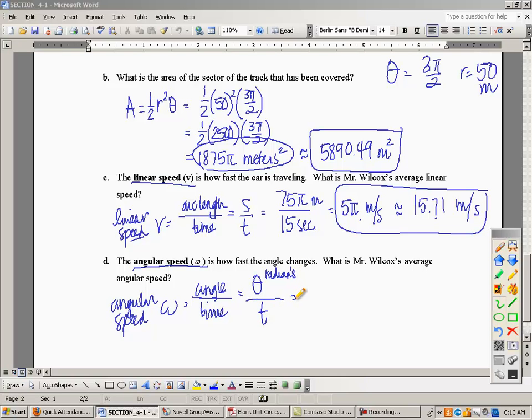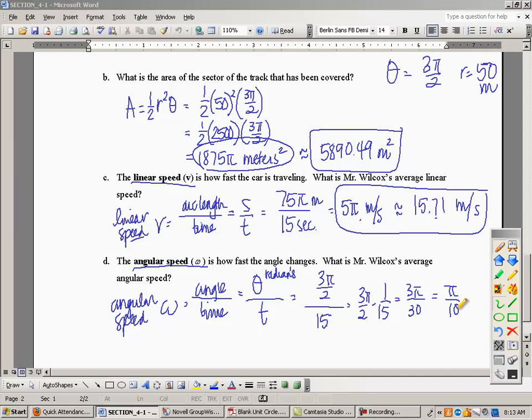Okay, well, our angle was 3 pi over 2. Our time is 15. And let me go through dividing a fraction by a number. Dividing by a number is the same thing as multiplying by its reciprocal. So you have 3 pi over 30, which is pi over 10.